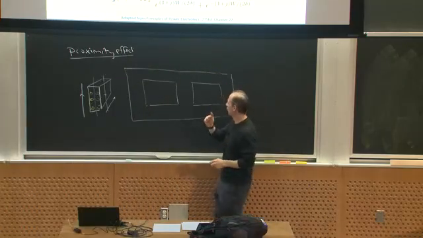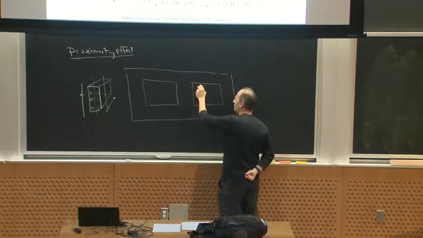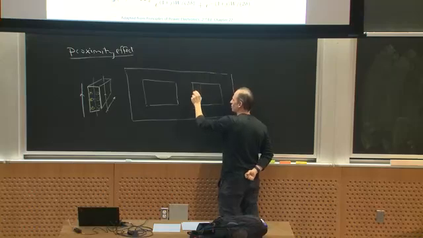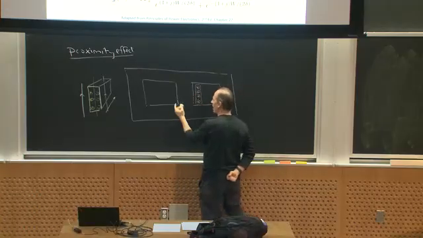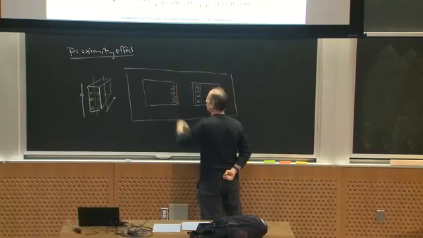Then maybe I wrap my conductor in and back out. Maybe I have some foil conductor or set of wire conductors going in here and carrying current in this way, and then it's wrapped around and coming out here, and I have a layer of that.